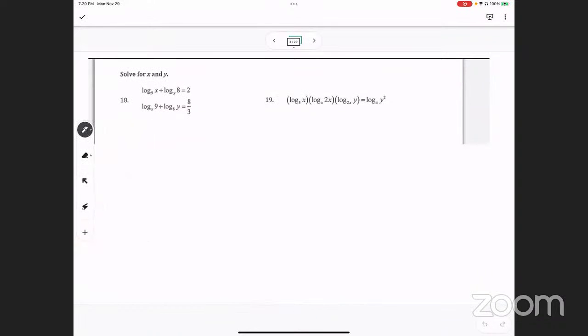Solve for x and y. Is this a system of equations here? Is that what that is? It looks like it. I'm guessing that that's what that is intended to be.